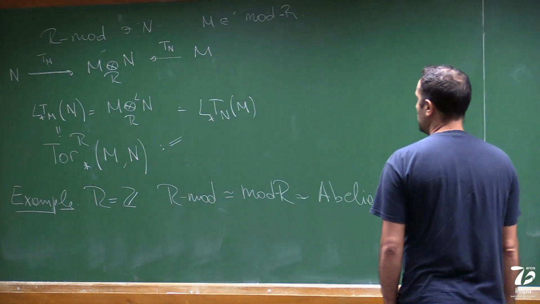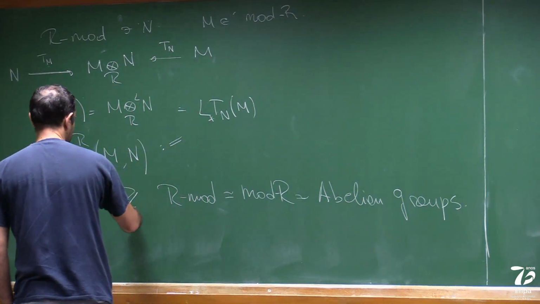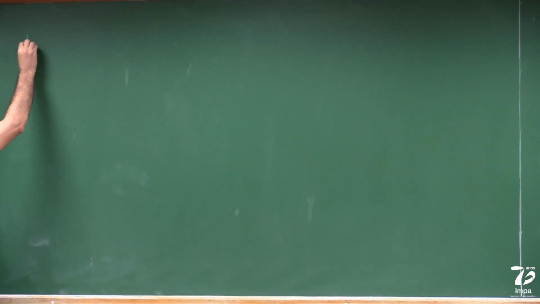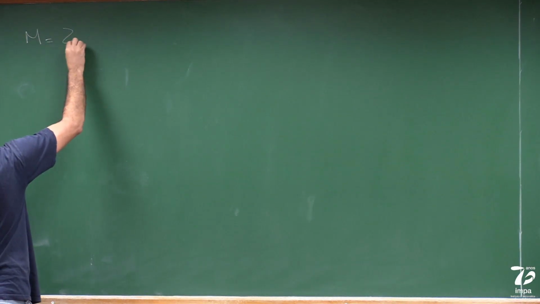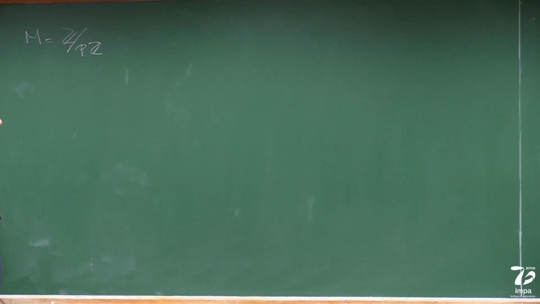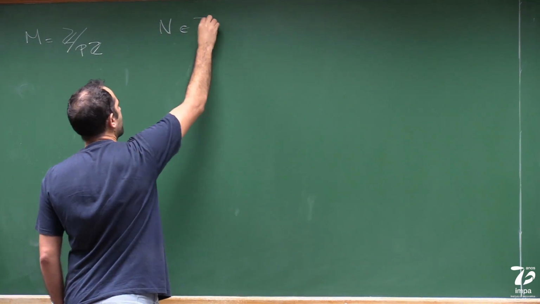So now, for this ring, let's take a particular one. Let's take M to be Z mod P times Z. So that's one abelian group. And let's take N to be any abelian group.